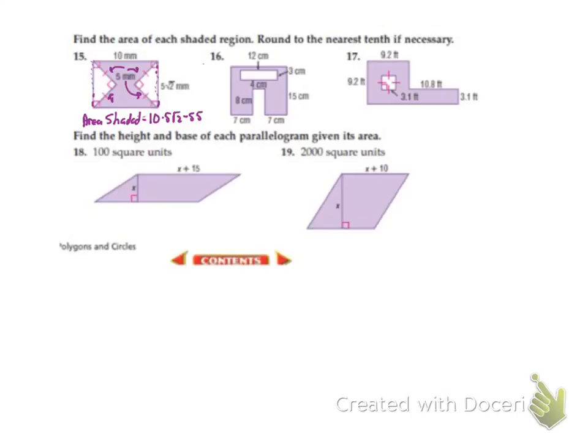And if we pop that into our calculator here, I've got 10 times 5 square root 2, and then I'm subtracting 5 times 5, which is 25.